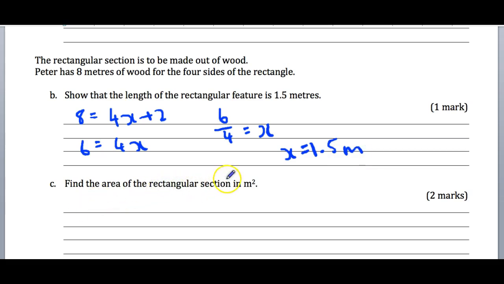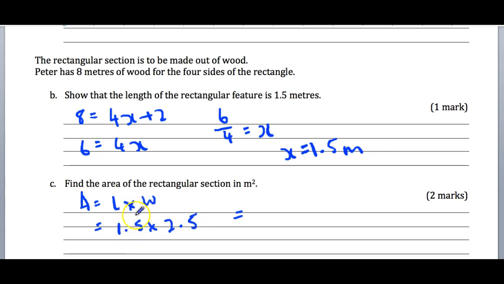Find the area of the rectangular section in meters squared. So your area equals length times width, and we've got 1.5, and your width or your height is just 1 more than that, so it's 2.5. Now if you're ever dealing with this sort of question without your calculator, I always encourage you to do it using fractions.